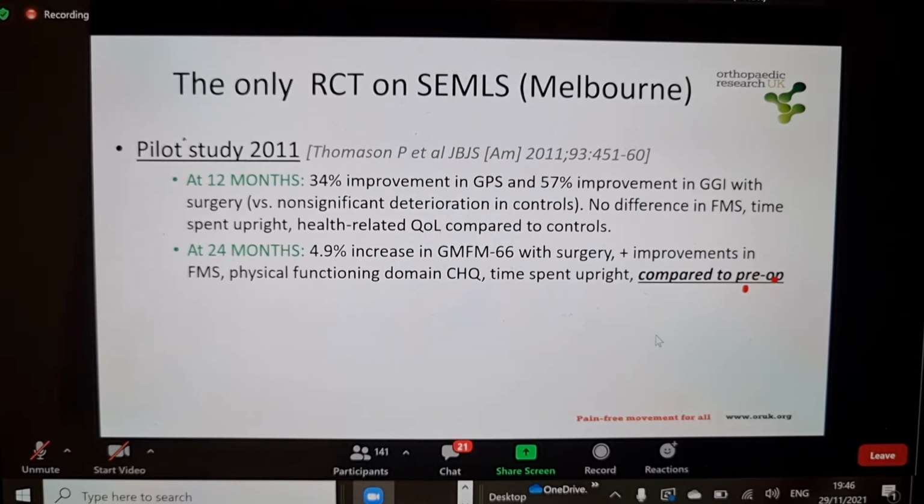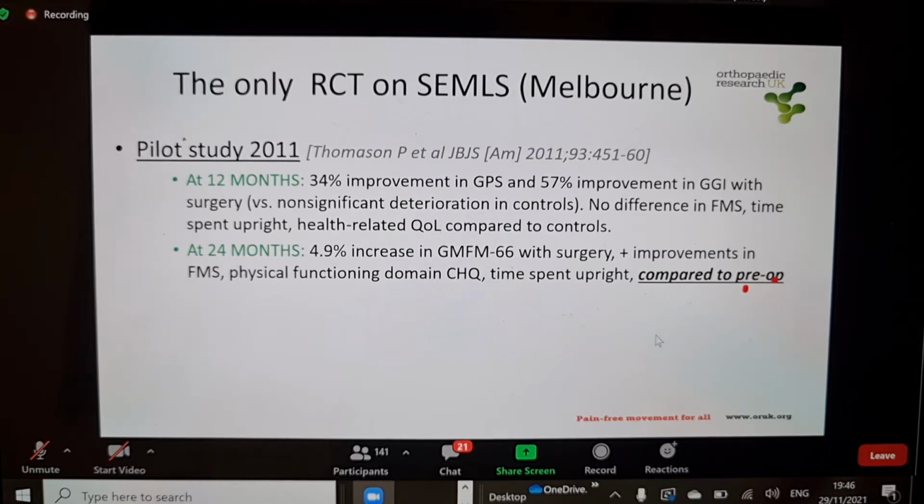When we go to 24 months, however, we compared to the pre-op, because remember the second cohort, the controls, have now undergone surgery, but at 24 months, there is an improvement in gross motor function with surgery, and also improvements in some of the other functional scores as well, compared to pre-op. So some evidence here, a 4.9% increase, that's reached statistical significance. Clinical significance, I don't know.